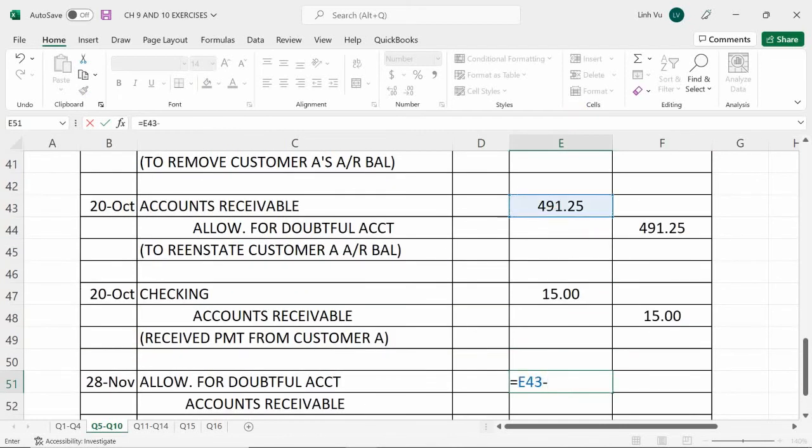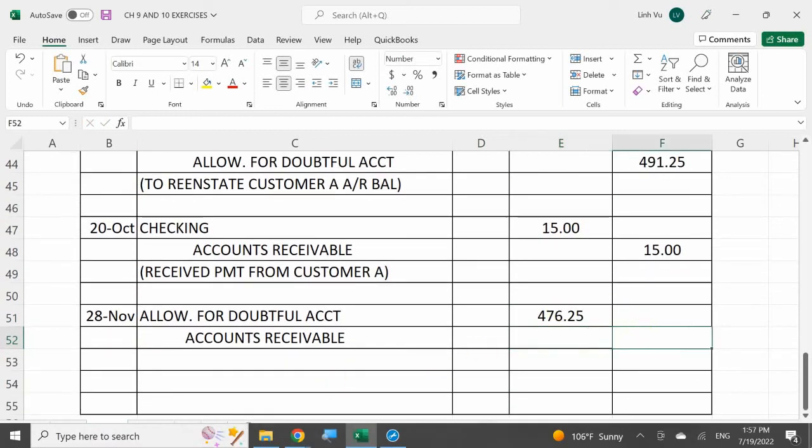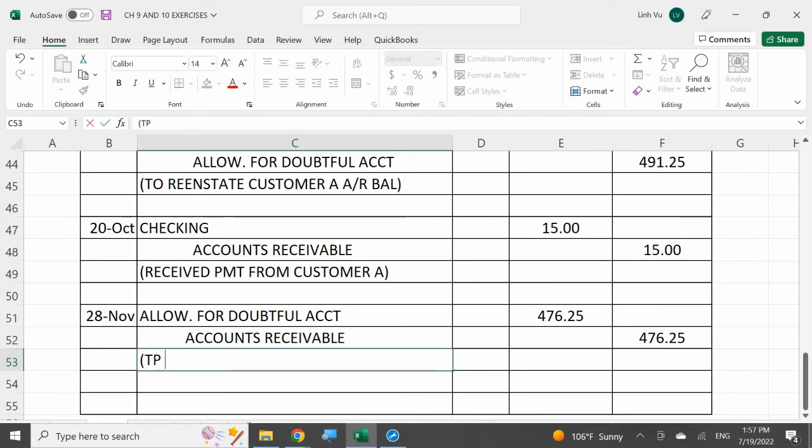So now her balance is $476.25. Okay? All right. And then this is going to be to remove customer A's accounts receivable balance.